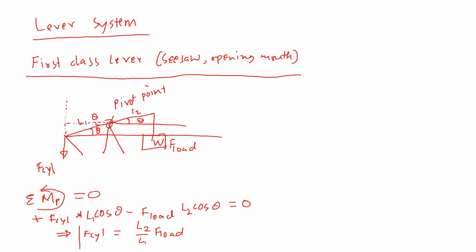So using a first class lever, we really don't gain much advantage of levers. It is kind of neutral. The first class lever is neutral because if these two lengths, L1 and L2, are the same, they don't provide any advantage.